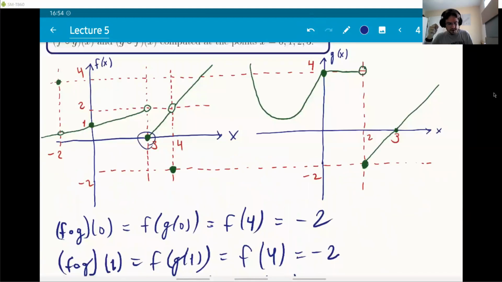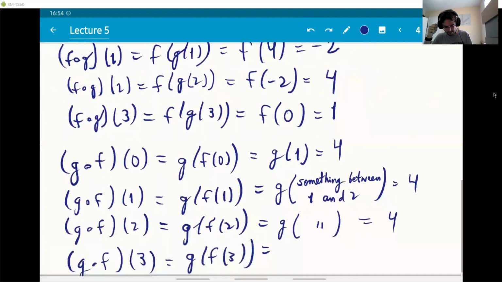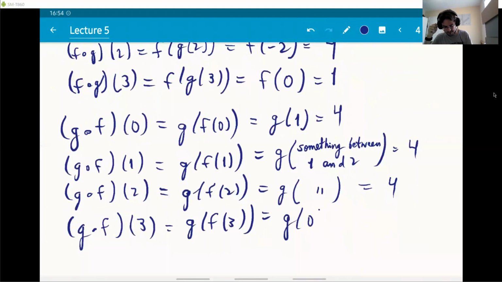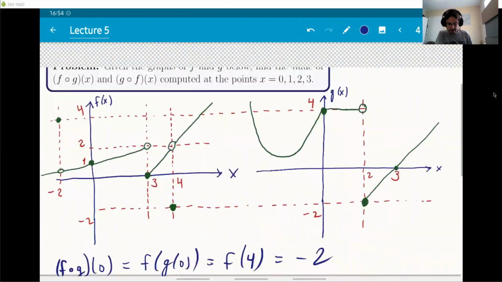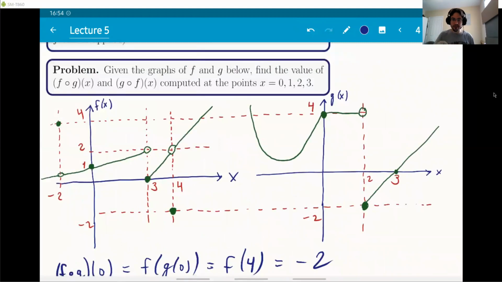F of 3 is given as a 0. And then g of 0 is 4. So this example is showing us not only composite functions, but also how to get values of functions looking at their graphs, specifically also the open circles versus closed circles when you want to indicate exactly where the value is.